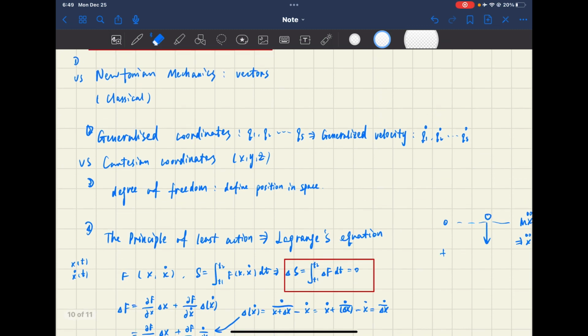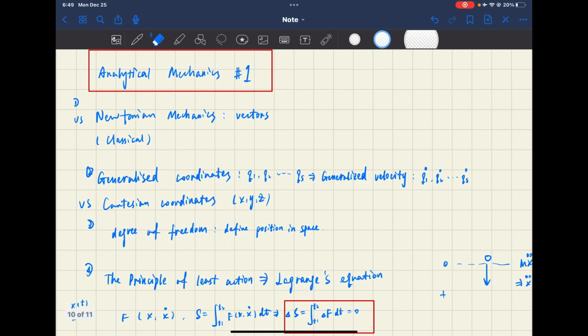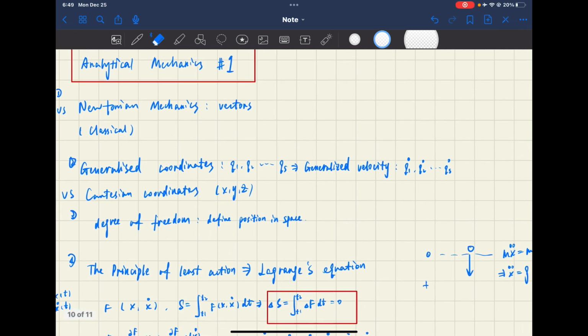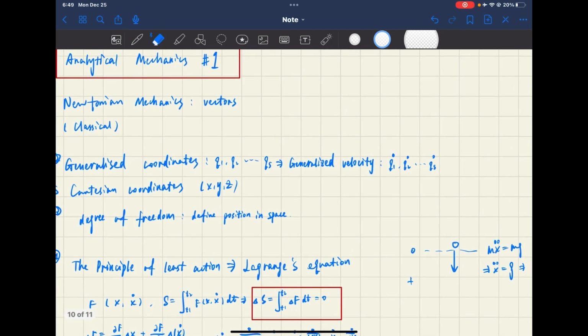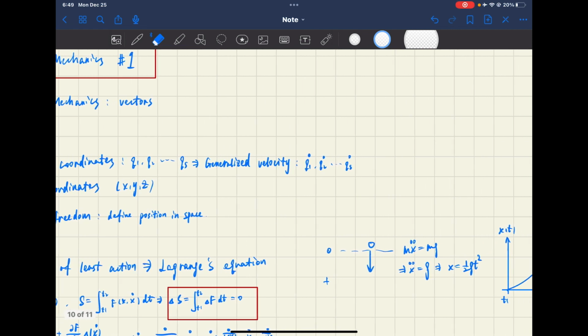However, as we move on to analytical mechanics, we tend to use generalized coordinates. By this term, I mean that the choice of coordinates is quite free. If you can describe the mechanical state of the object in the most elegant way, then you can use it. I'll give another example.